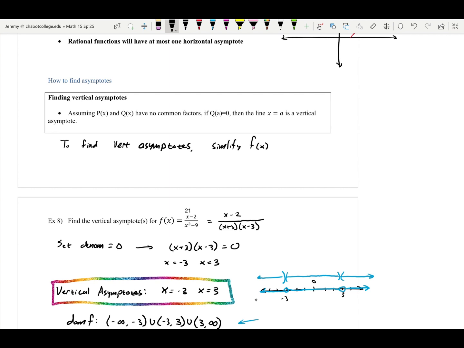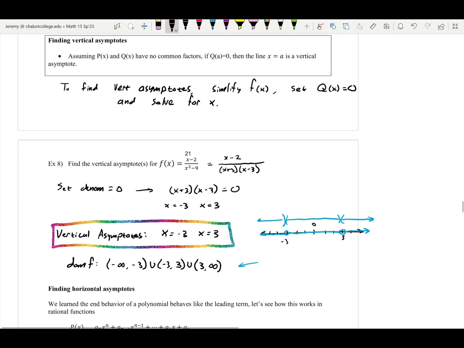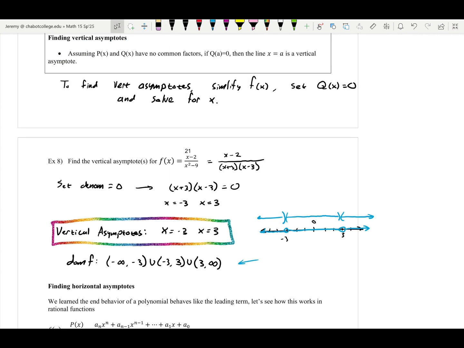Make sure we have no common factors between p and q. And then we want to set q of x equal to 0, set the denominator equal to 0, and solve for x. Okay, and that's what we did in example 8.